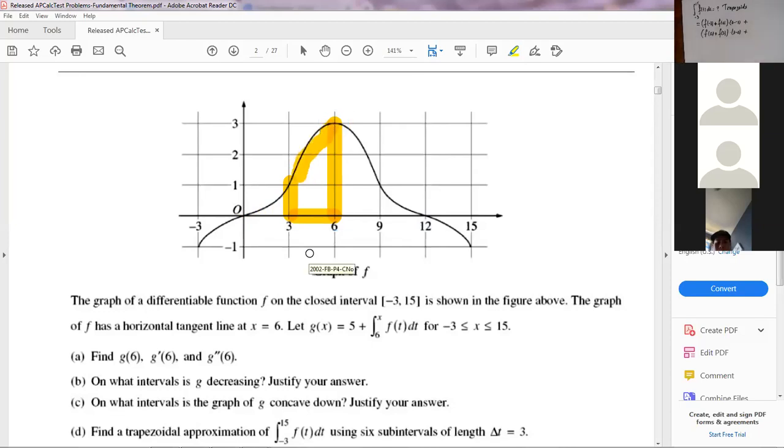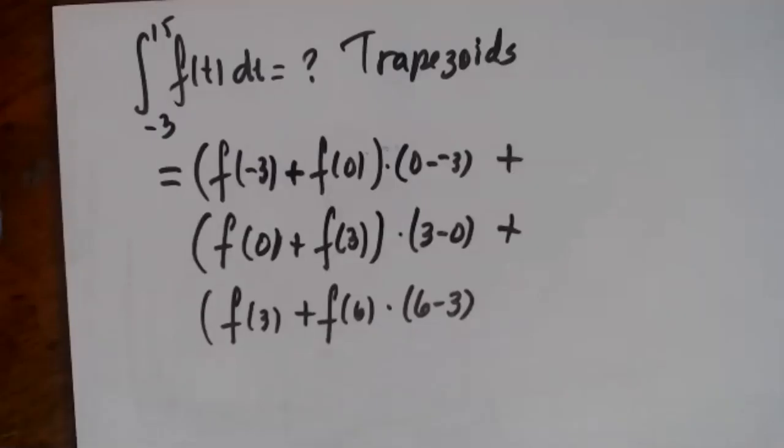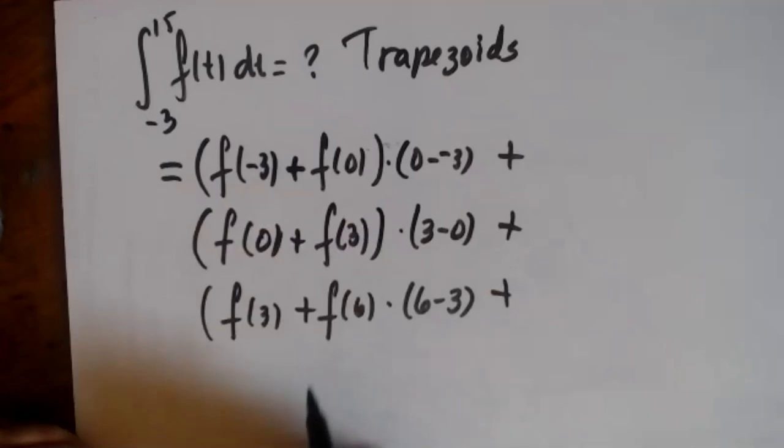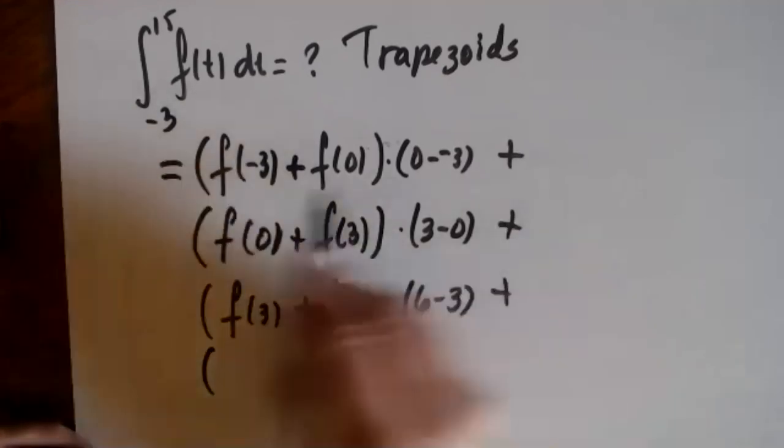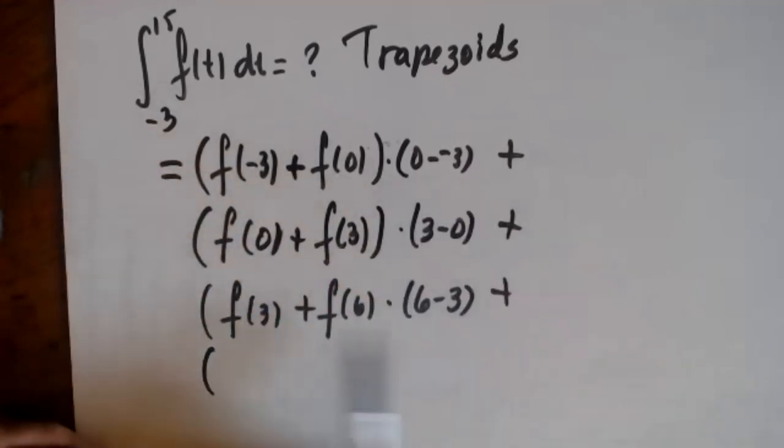You see that trapezoid? So it's going to be f of 3 plus f of 6, times 6 minus 3, correct? That's the formula. Plus, and then I continue. You see the pattern, how it's going?